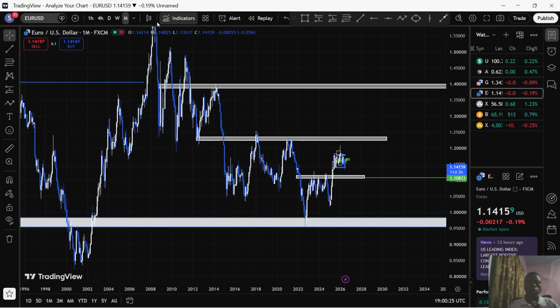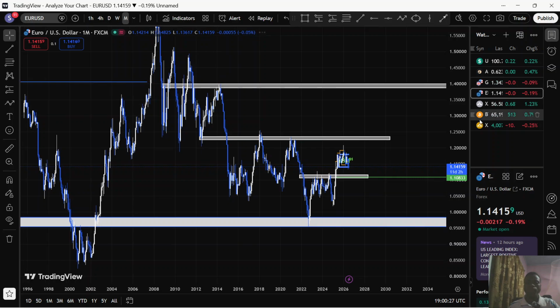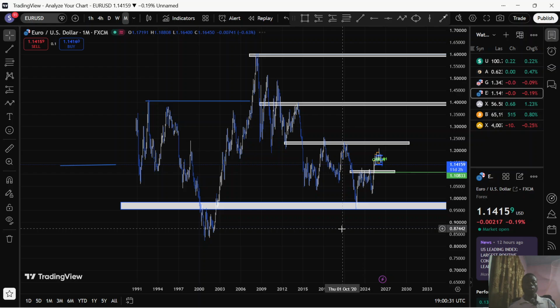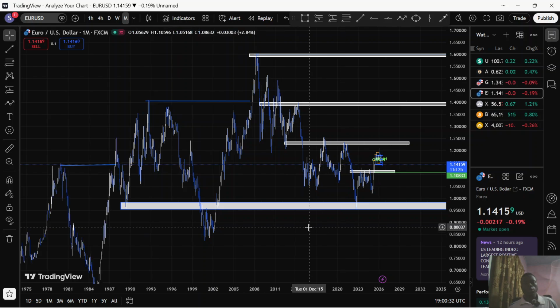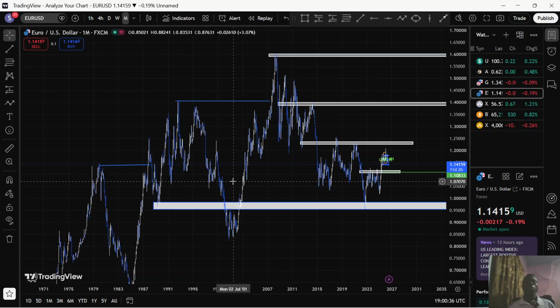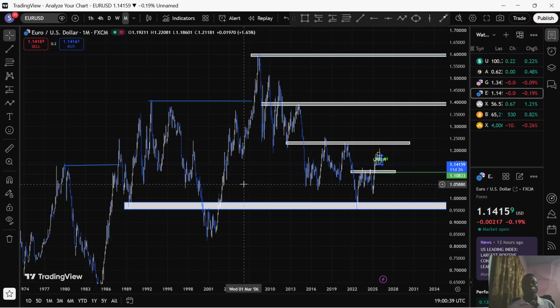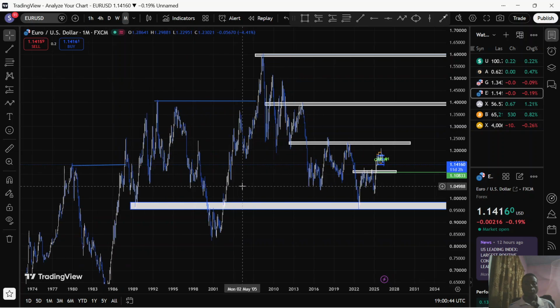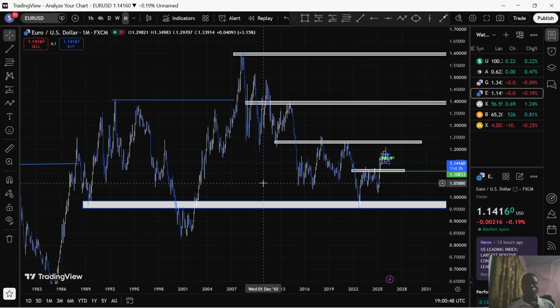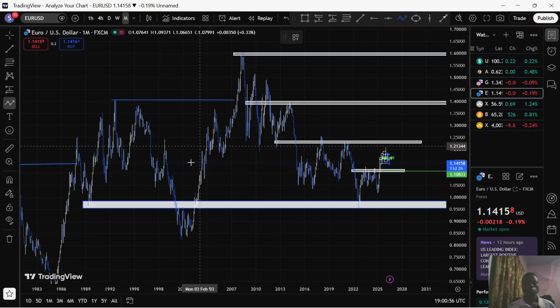This is a monthly time frame. As you can see here on the monthly time frame, Euro USD has been in an uptrend for a very long time. At this point, we can spot something like an inverse head and shoulders.